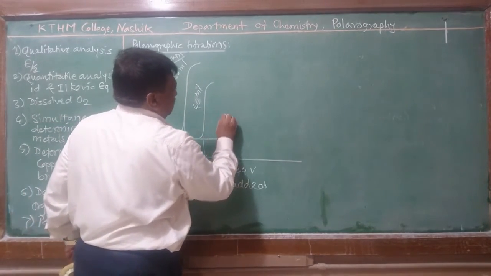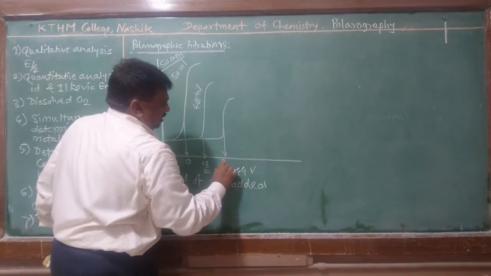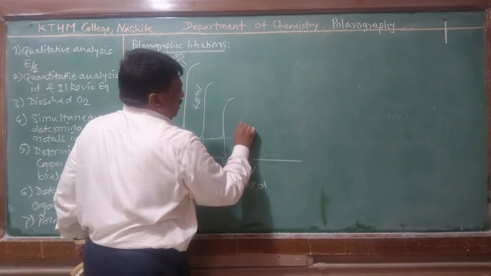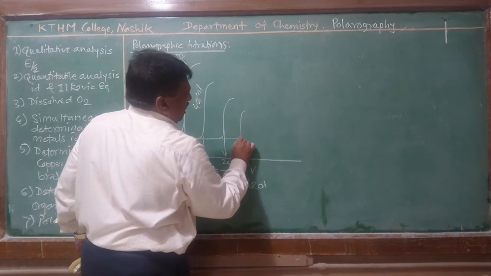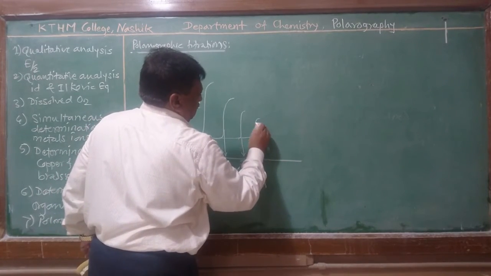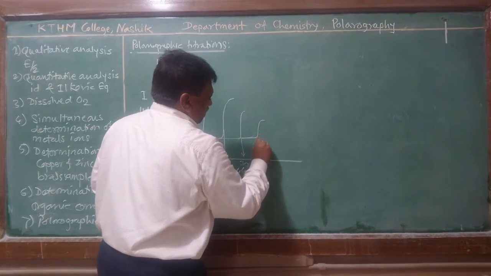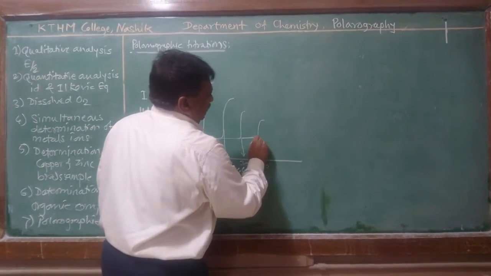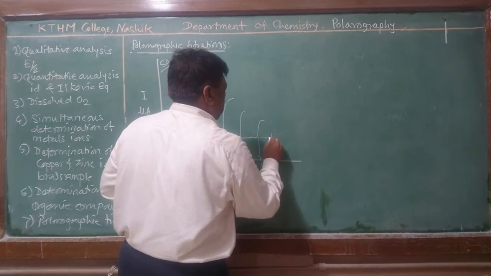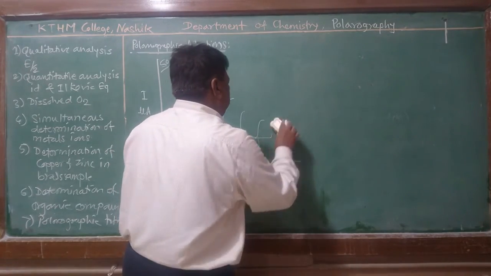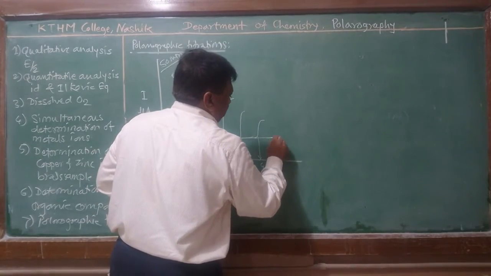Again in the third case, diffusion current decreases when we add 20 ml. Then again diffusion current decreases when we add 30 ml. Again diffusion current decreases when we add 40 ml. Again diffusion current decreases when we add 50 ml.